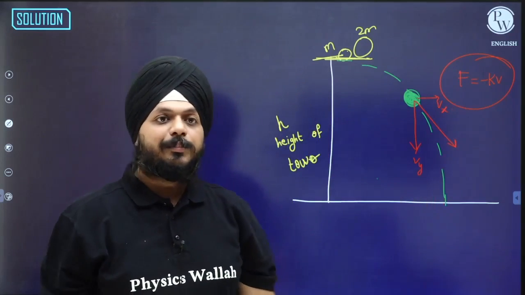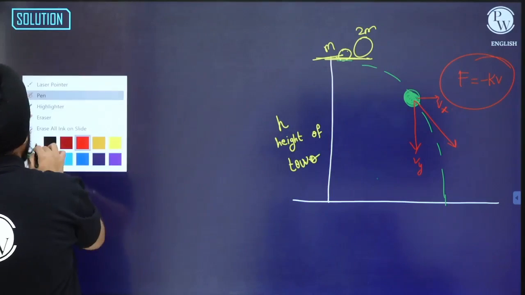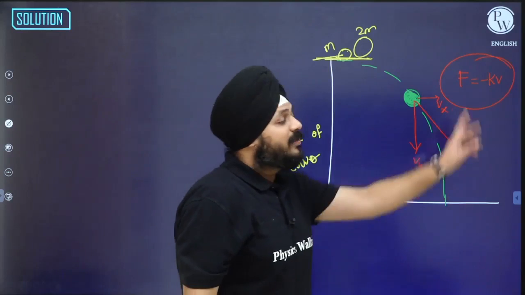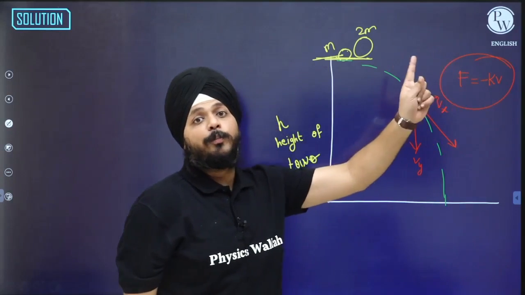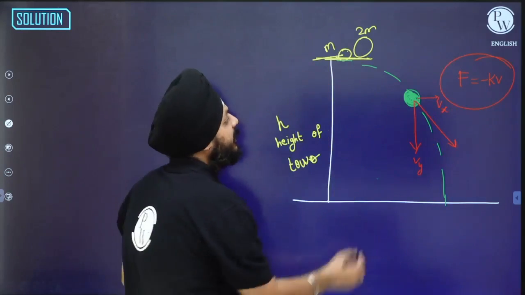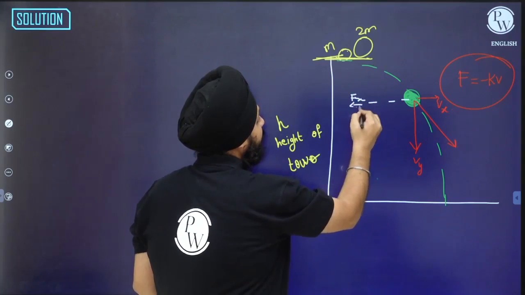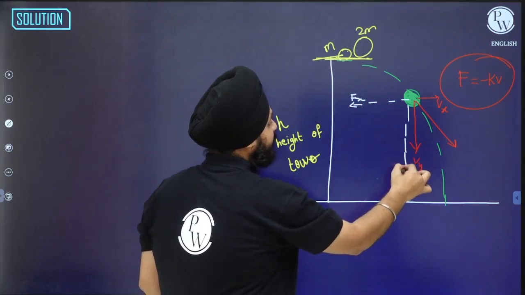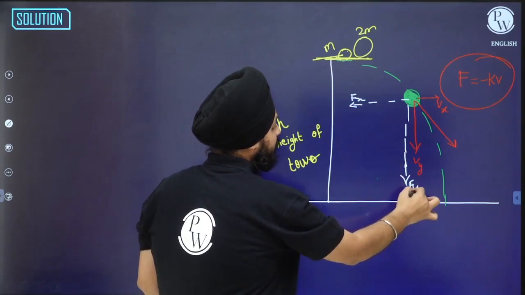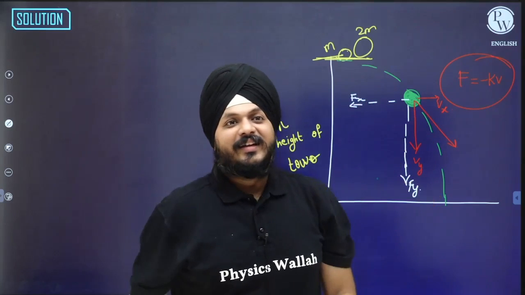This drag force will oppose the velocity. It means that one component of the force will act in this direction, and one component of the force will act in this direction.